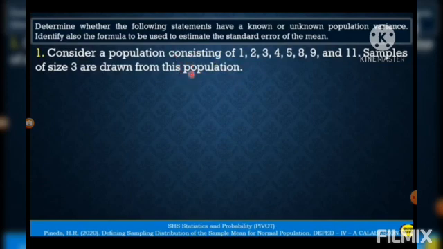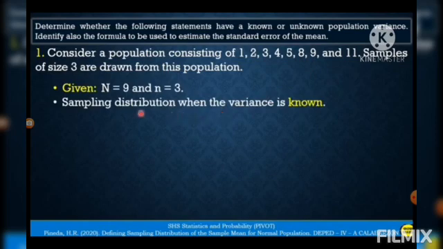Here N is 9 and n is 3. In this sampling distribution the variance is known.